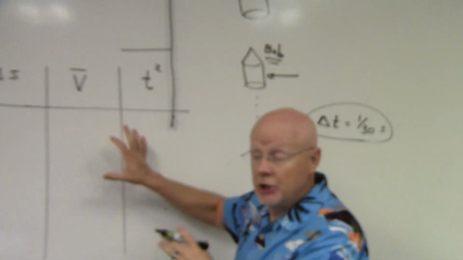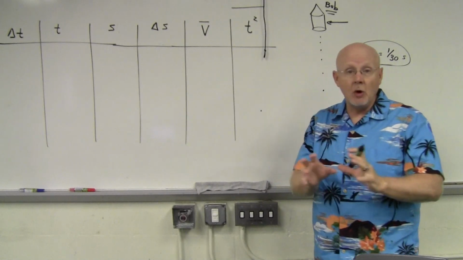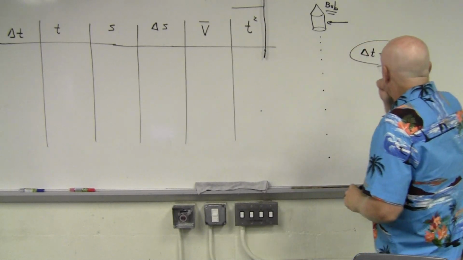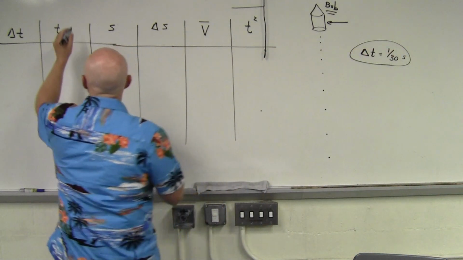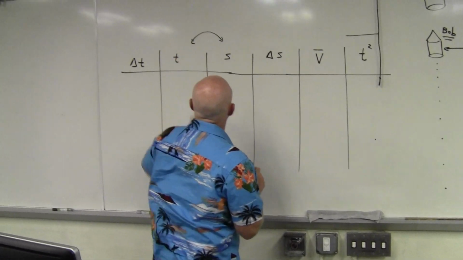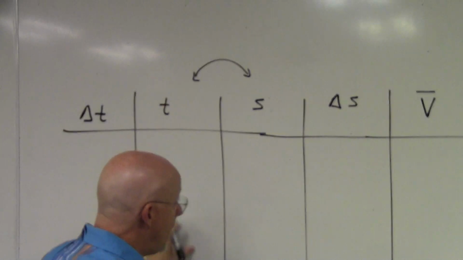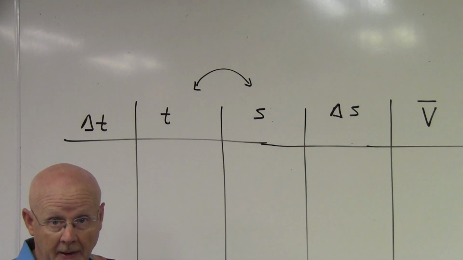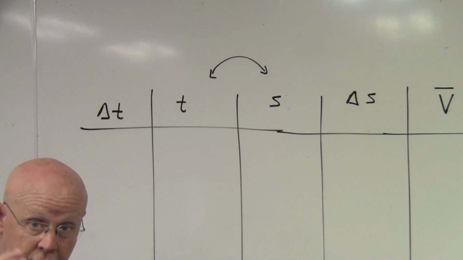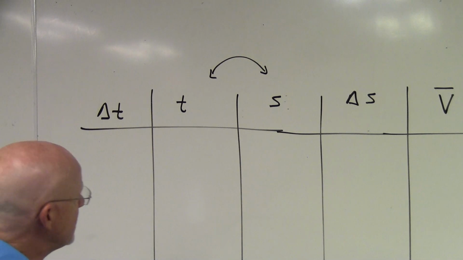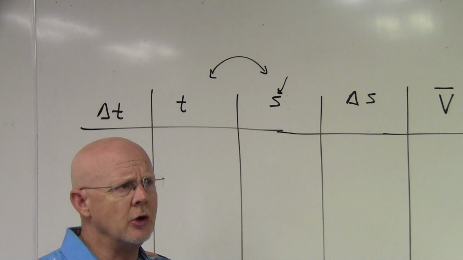This table is going to record the position of Bob at given moments in time. The first thing I'm going to fill out are these two rows. This row is the position of Bob, and this is the time for Bob. Of course, I can't fill anything in until we actually do the experiment. This is why I was saying this notation is probably a poor notation. It's an old notation.